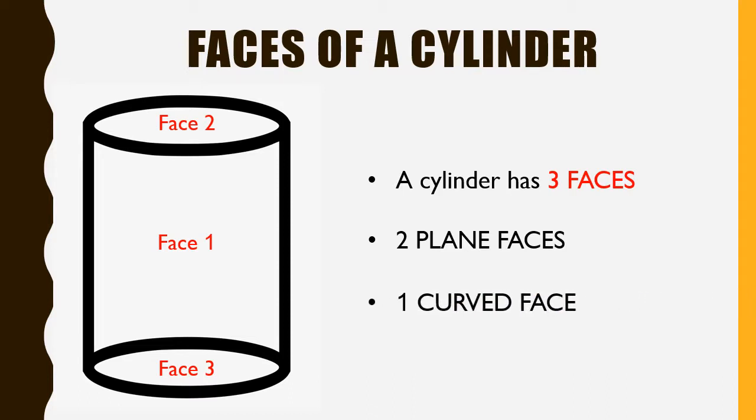This is circular. It cannot be slid like face 2 and face 3. So in a cylinder there are 3 faces, 2 plane faces or the flat faces at the top as well as at the bottom, and one face which is a curved face, it is in the center.